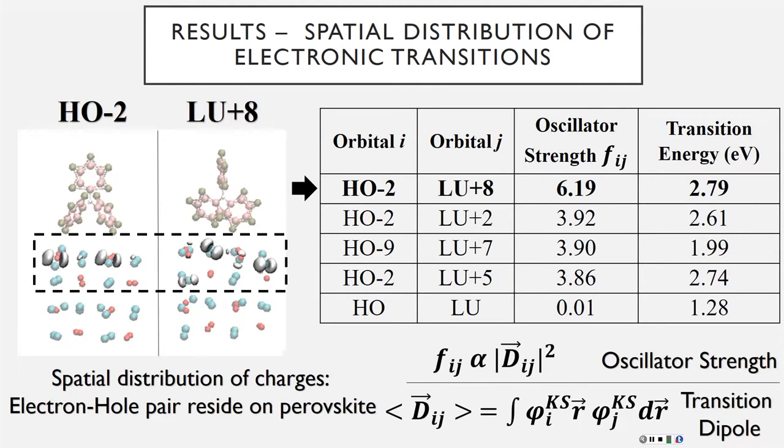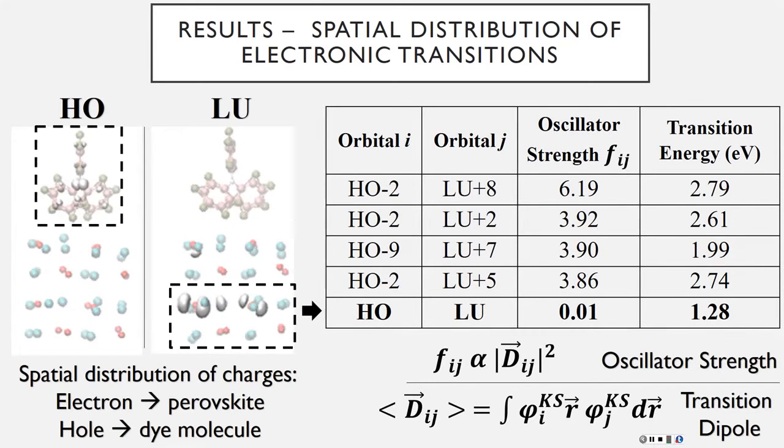And that kind of makes sense that it has a high probability because when you look at the oscillator strength, it comes from the transition dipole, where the oscillator strength is proportional to the square of the transition dipole. And the transition dipole is basically a measure of the orbital overlap between transition states. So it makes sense that the highest probability one would be spatially close regions for transitions.